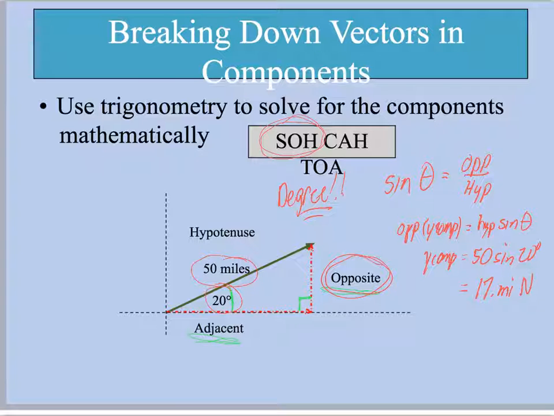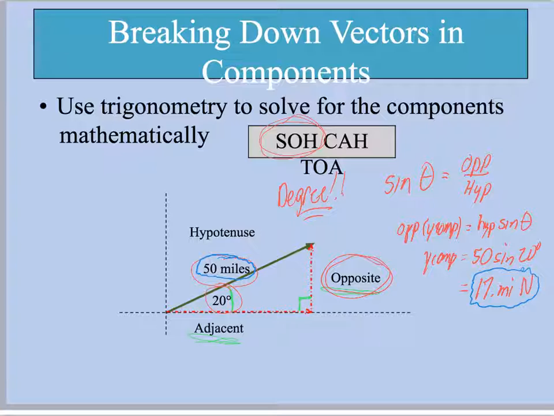We could use the Pythagorean theorem and use our 50 and also our answer from the first problem. But then we're depending on that first answer, the 17. So is there a way we could find the adjacent without using our answer from the first part?